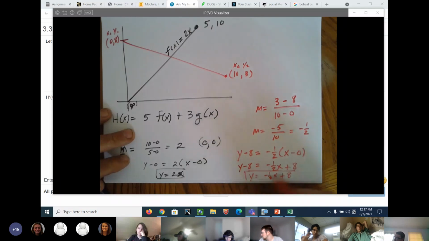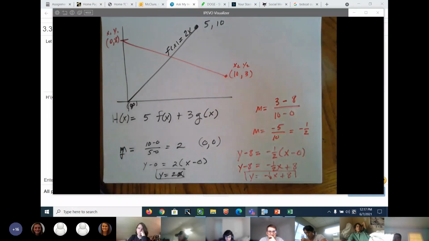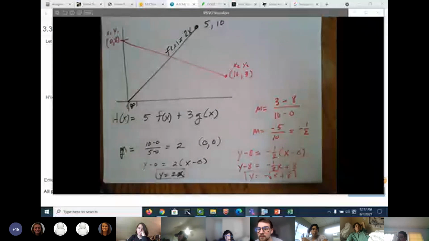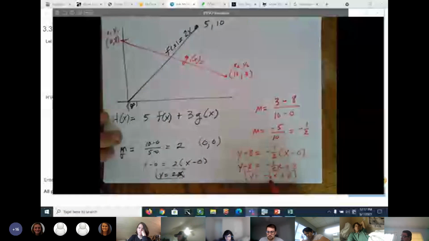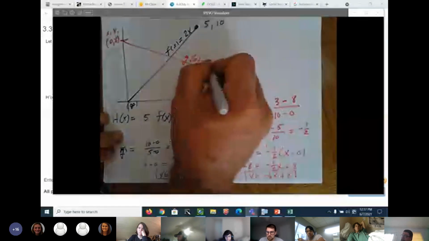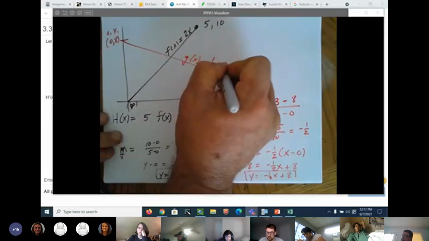So now I've got two equations. g of x is equal to -1/2 x plus 8.